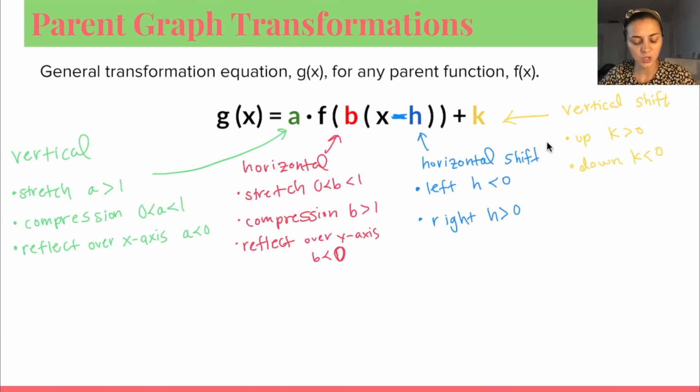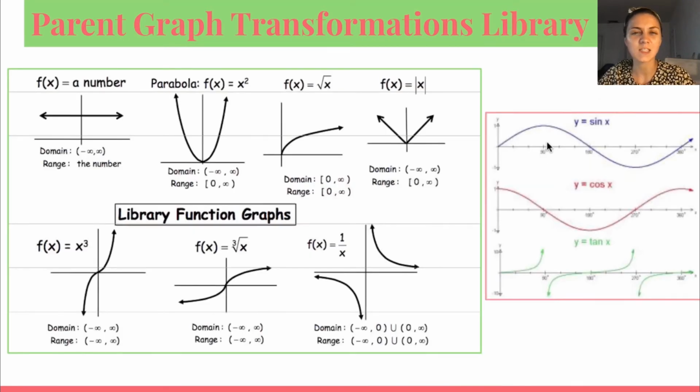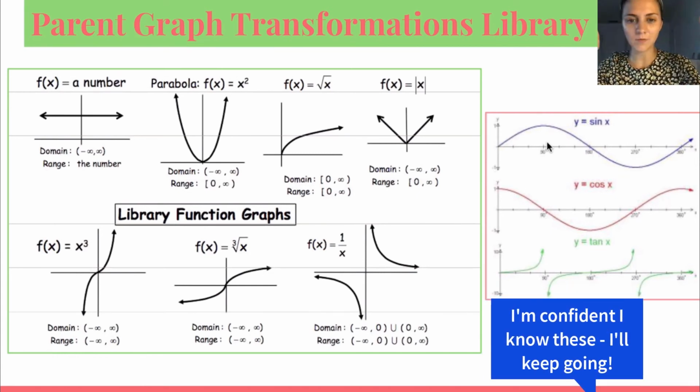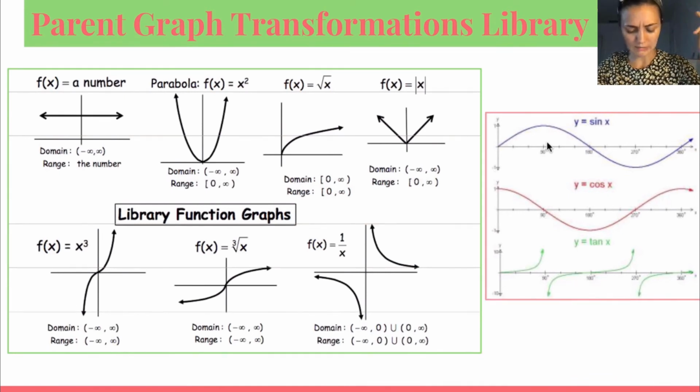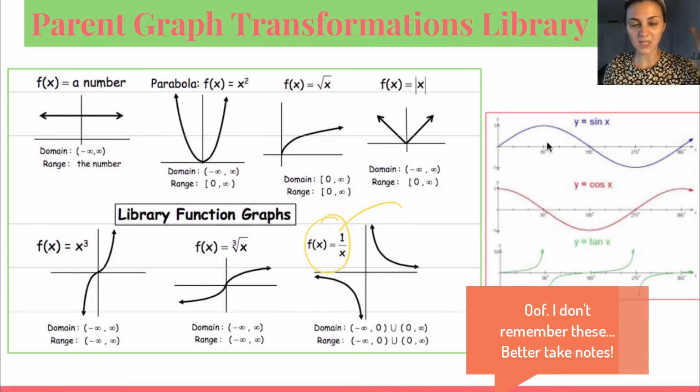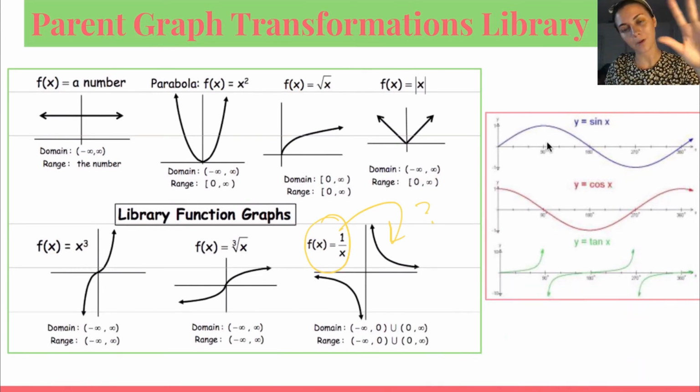On this page, this is just a library of different graphs. This is only if you want it. So if you're someone who's like, I know what a parabola looks like, I know what a cubic looks like, I know what an absolute value and a square root looks like, if you know those things, cool, you're good. You don't need to write this down. However, if you're looking at these and you're like, ooh, I didn't know that this equation would make this graph, you should definitely copy down this library of graphs.